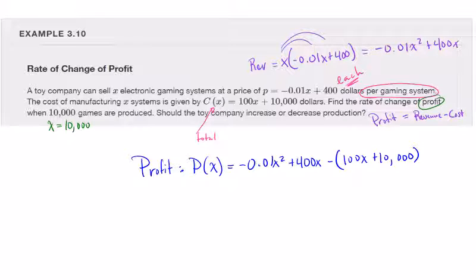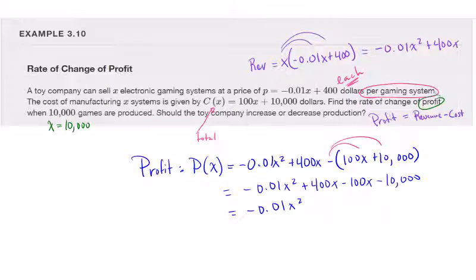Okay, and so we'll distribute this negative here, and we'll end up with all this minus 100X minus 10,000. All right, so our final simplified profit function, when we combine like terms, 400X minus 100X is 300X, is negative 0.01X squared plus 300X minus 10,000. Okay, so this is our profit function.